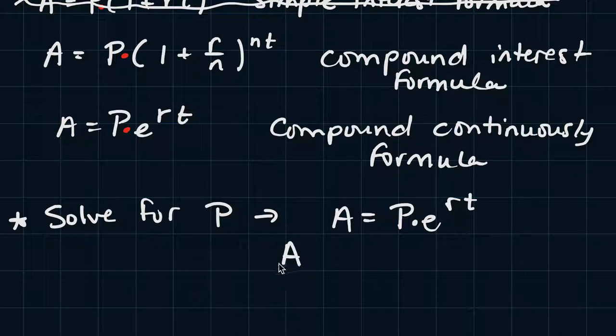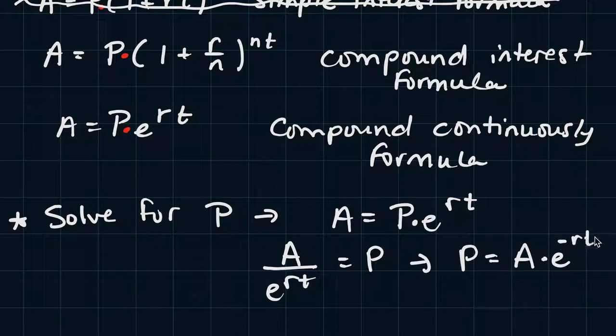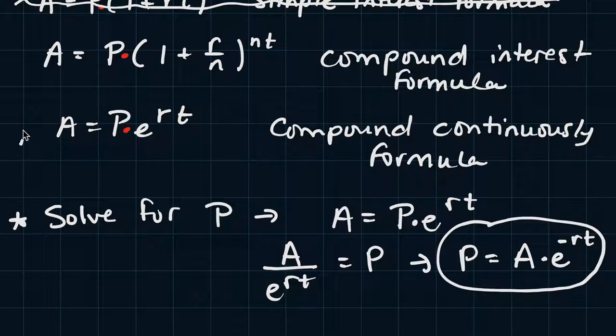So then A divided by e to the rt is P. So P is A times e to the negative rt. So this will be the formula we're going to use for compounded continuously. And this gives us P in terms of A. So write this formula down and put beside it, compound continuously.